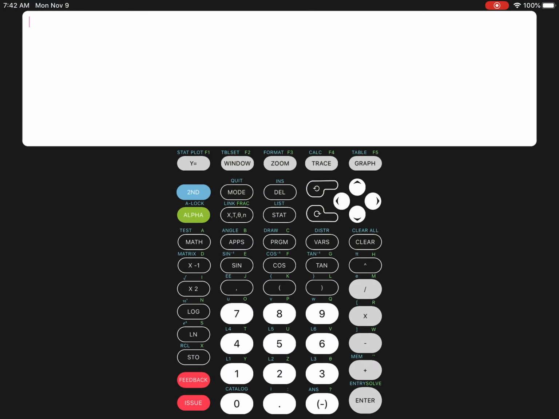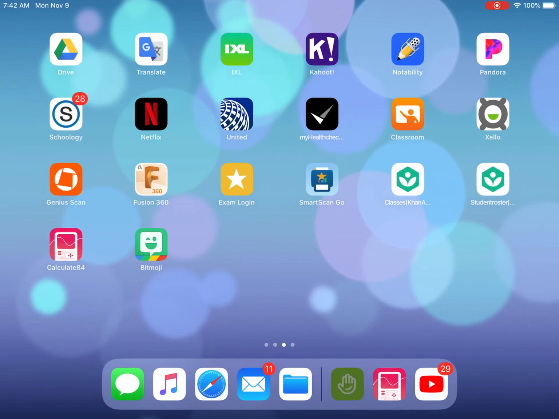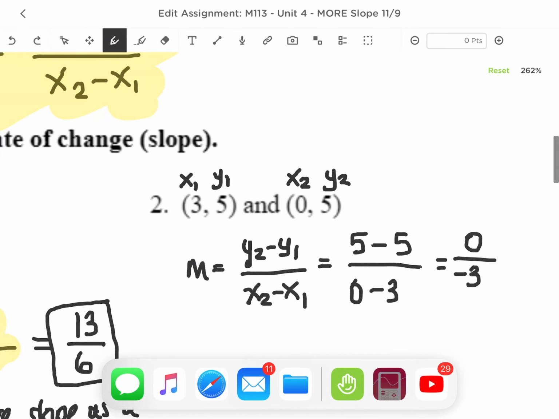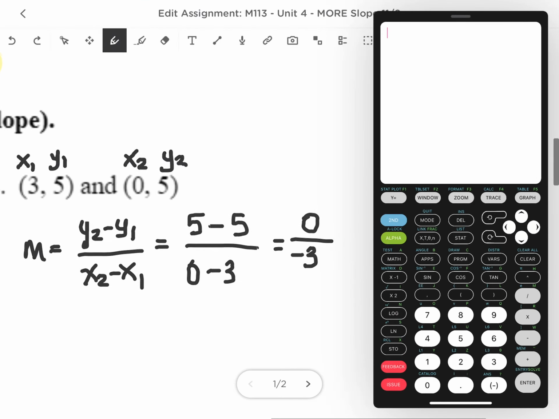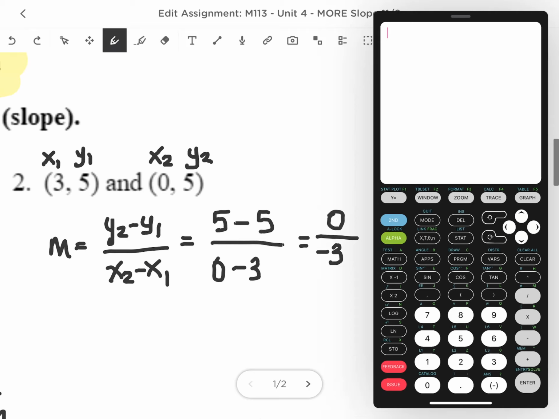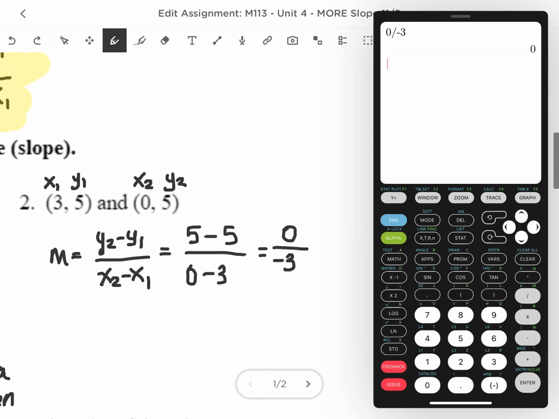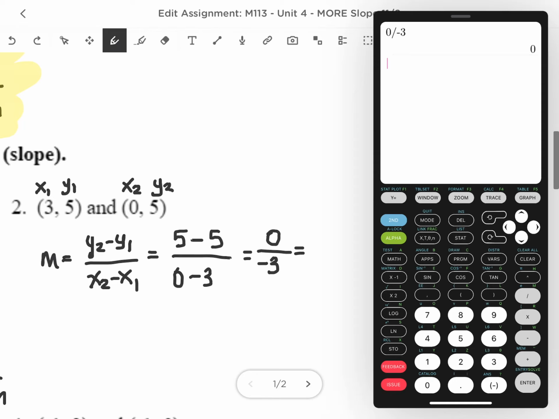So let's take a look. Let me split our screen here a little better. All right. If we open our calculator here, we have 0 divided by -3, and that equals 0. So our slope is 0, and that's our answer.